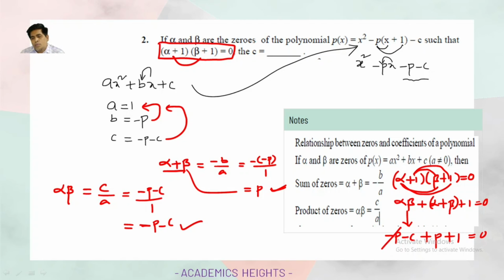Positive p and negative p cancel. If I take c to the other side, minus c becomes positive c, so 1 is equal to c. So the c value is nothing but 1. So that's all from a simple question. I hope it is clearly understood.